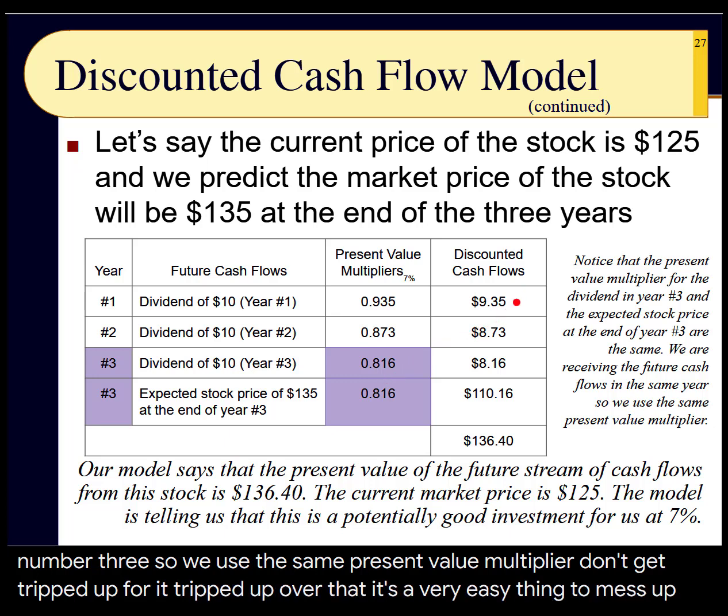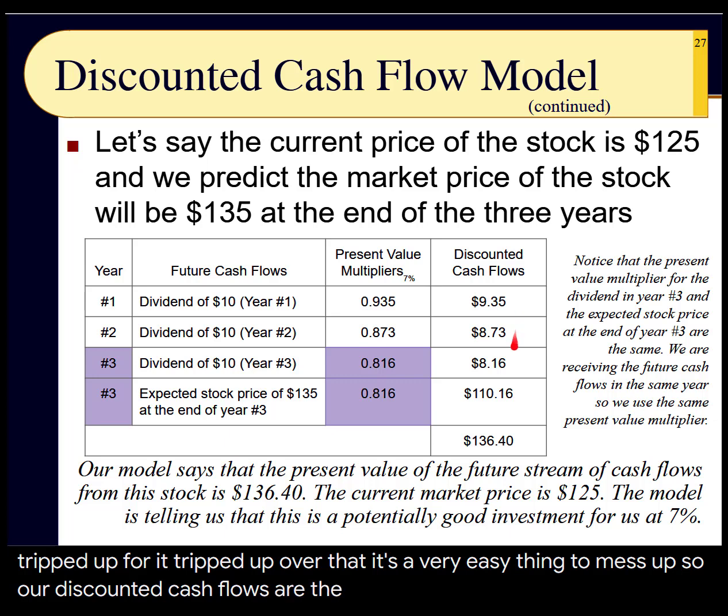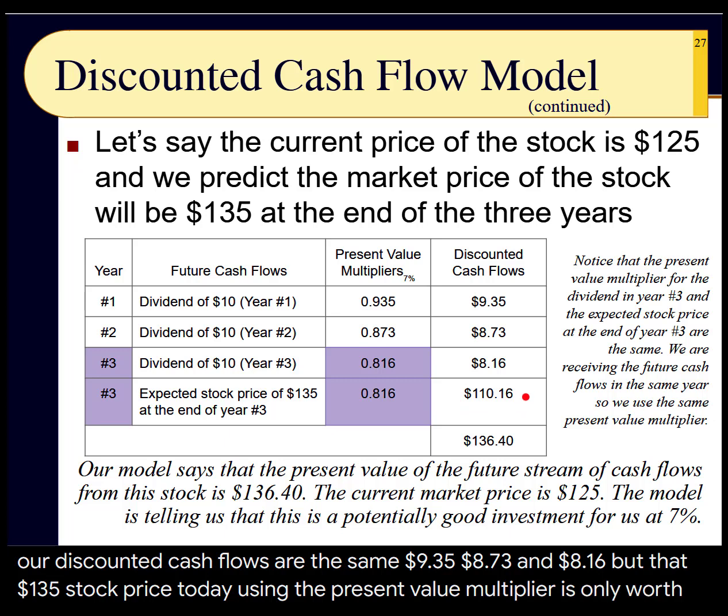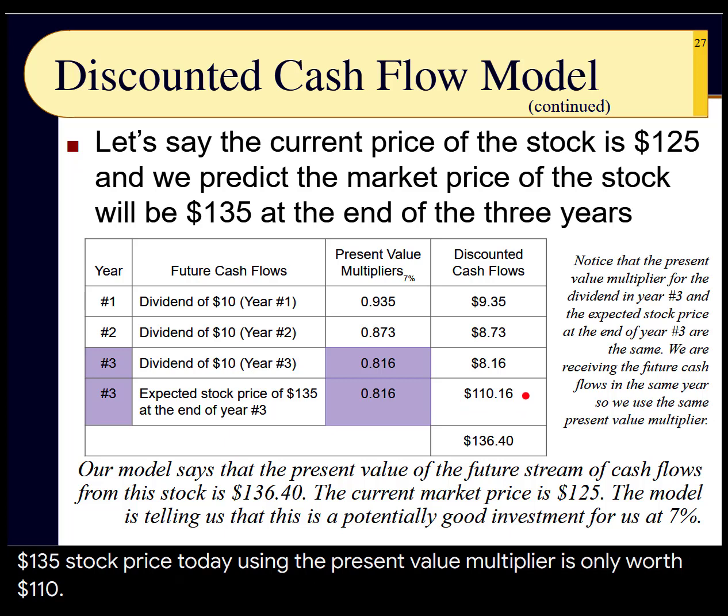So our discounted cash flows are that same $9.35, $8.73, and $8.16. But that $135 stock price today, using the present value multiplier, is only worth $110.16. You see, $135 3 years from now at 7% is worth $110.16 today.